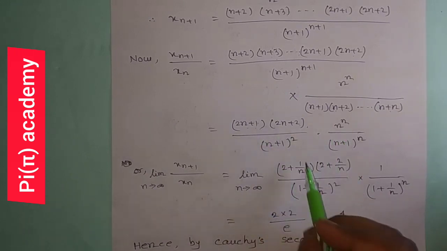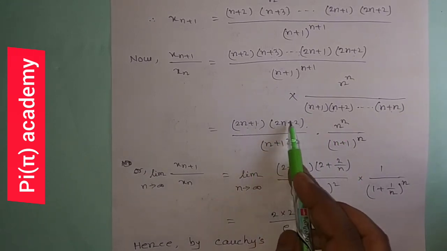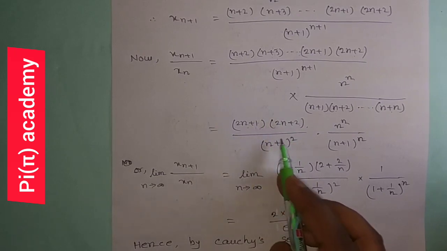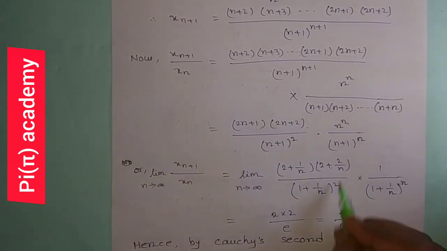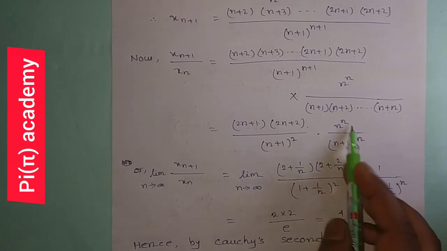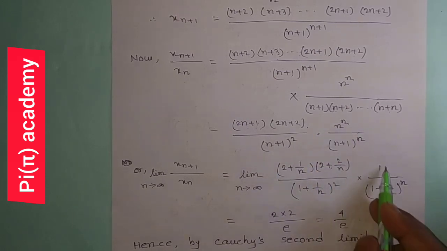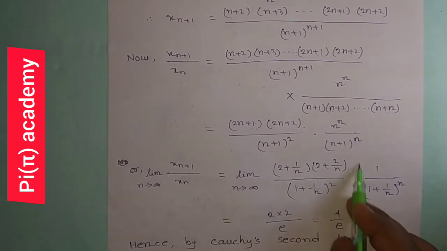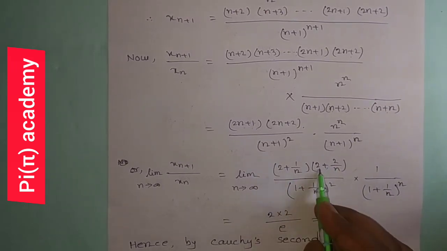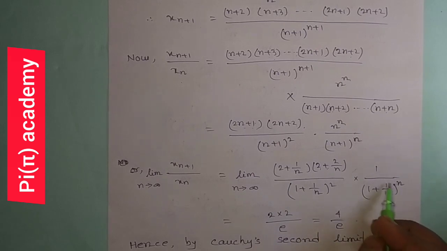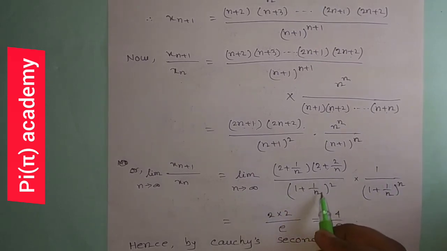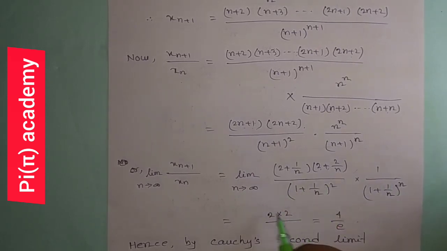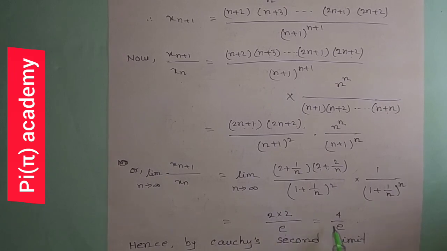Here we divide the numerator by n square, we get this, and similarly by n to the power n we get this. Therefore, the limit of this equals 2 into 2, the limit of this is e, and the limit of this is 1. Therefore, we get 2 into 2 divided by e, that is 4 by e.